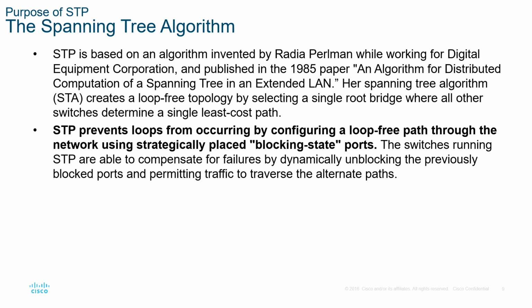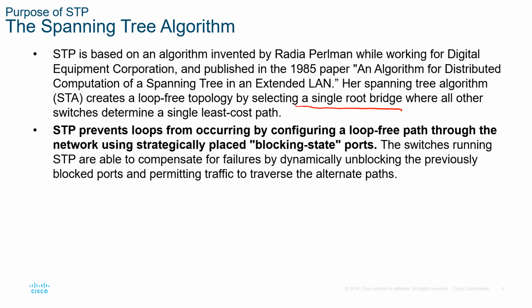To create a loop-free topology, the idea is that we need to select a single root bridge, where all other switches determine a single least cost path. So we need to do two things.